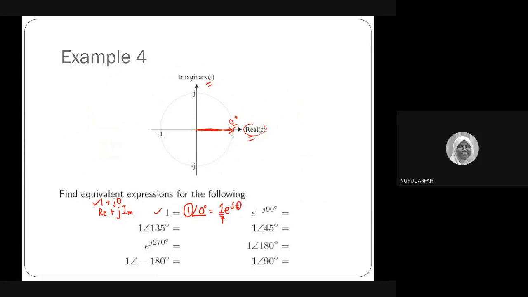A 0 degree, right? Because we don't have any phase. Basically e to the power of 0, you should get 1. So no need to write it in terms of exponential, right? Do you get me or not? Do we want some activity here?